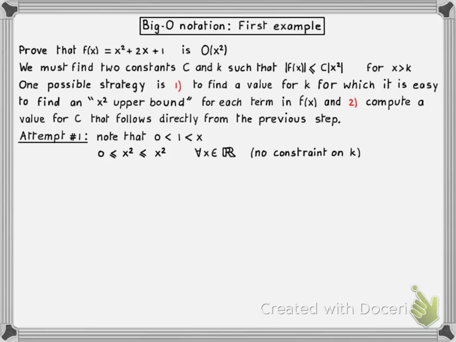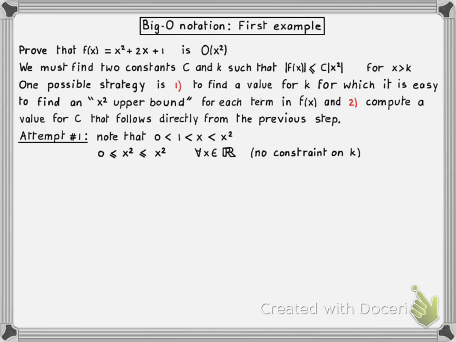So if you consider the inequality 1 less than x, you can multiply both sides by x since x is positive without changing the direction of the inequality. So 1 times x is x, and x times x is x squared. So we already proved that if x is greater than 1, then x is less than x squared. Let's write it down. And this is all you need to complete the proof in this case.